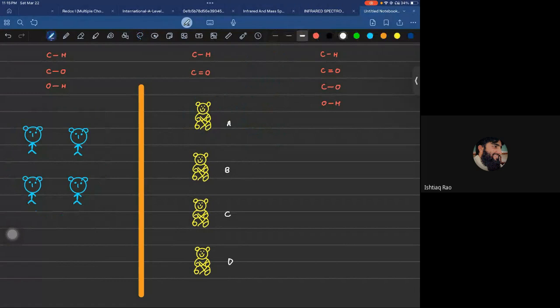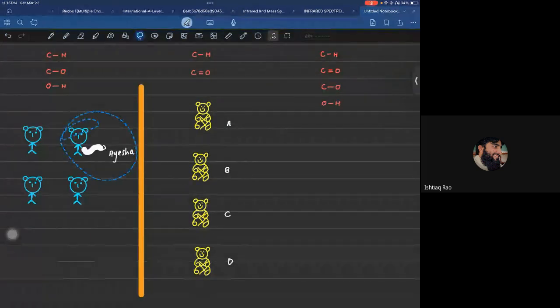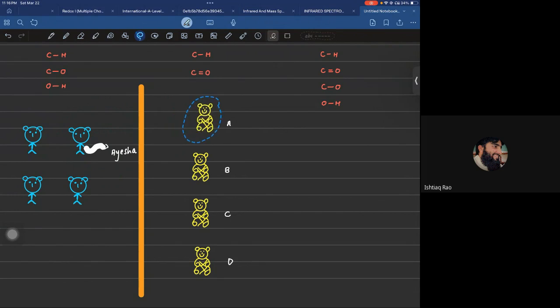Let's suppose her name is Aisha, and she identified that my child is weeping. तो हमने क्या किया कि when the child is going to respond, then his mother is going to identify his voice, and the mother says that this is my child.